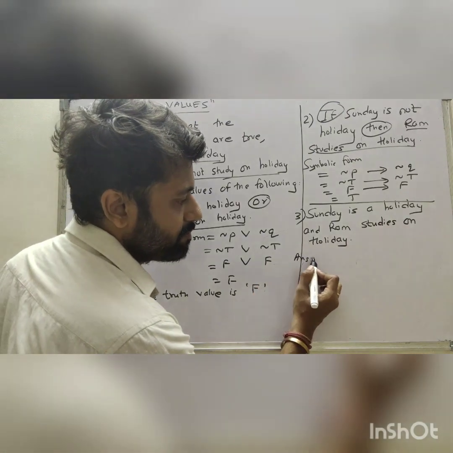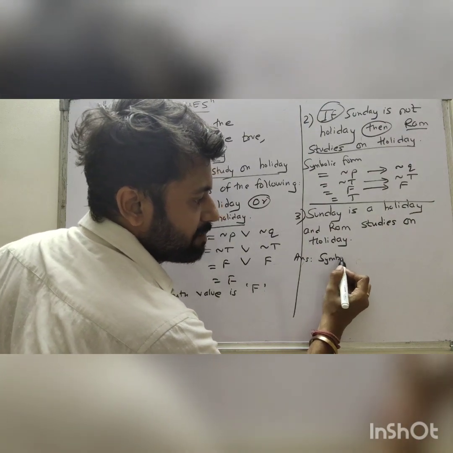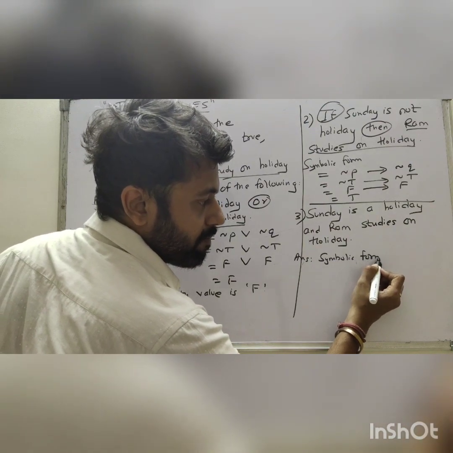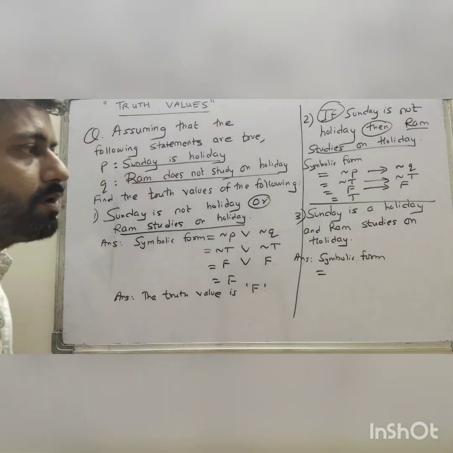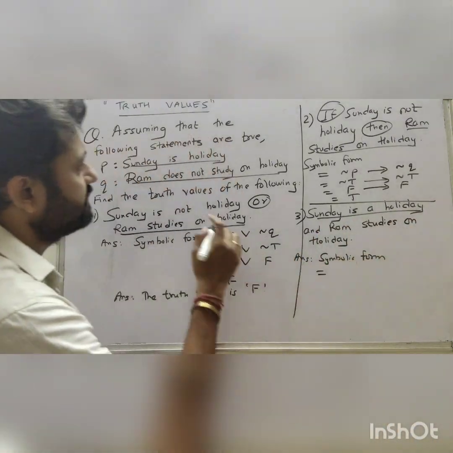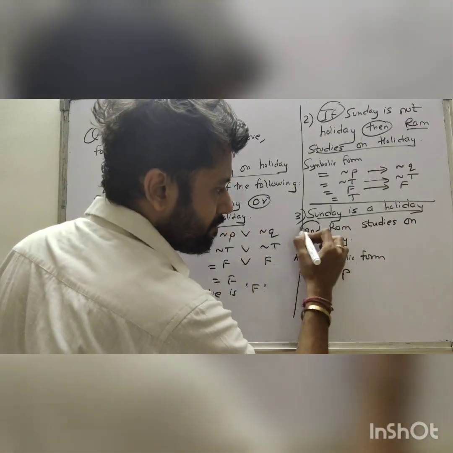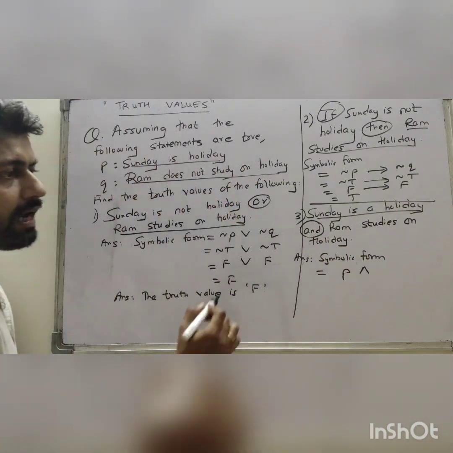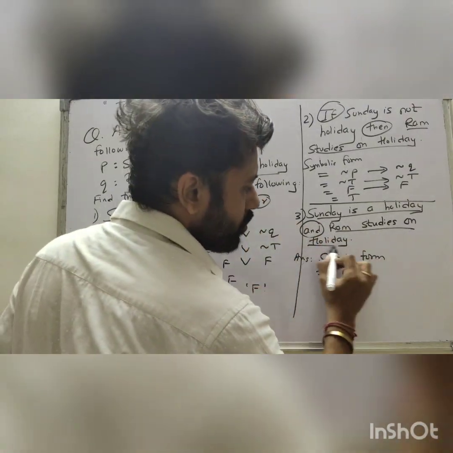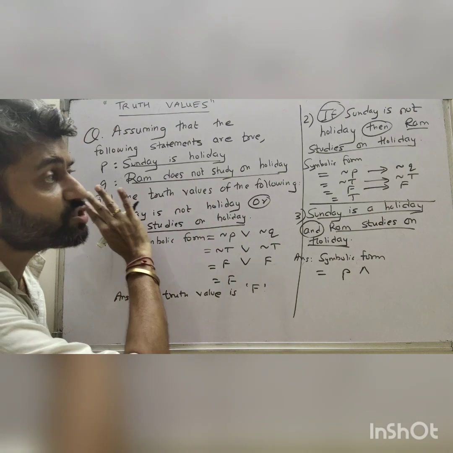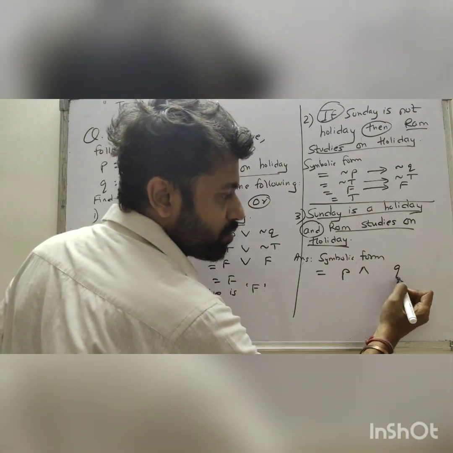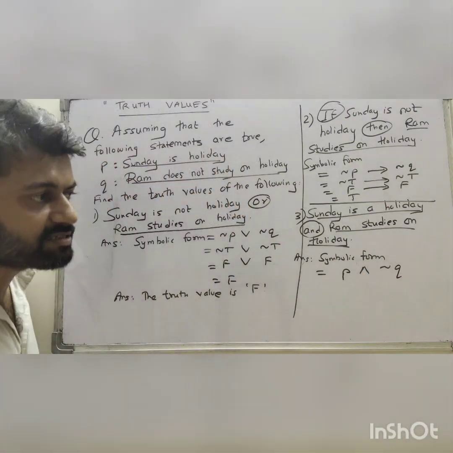Check this answer. You will write the symbolic form. Understand the symbolic form. Sunday is a holiday, P. And Ram studies on holiday. Here it says Ram does not study on holiday, so it is the opposite, so I will write it like this. This is the symbolic form.